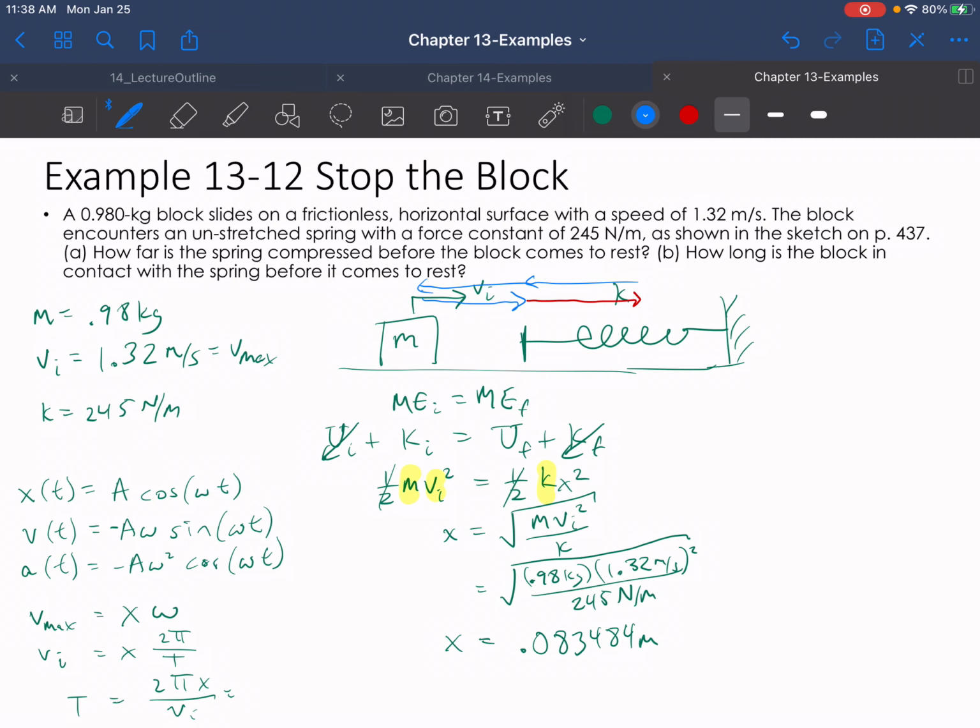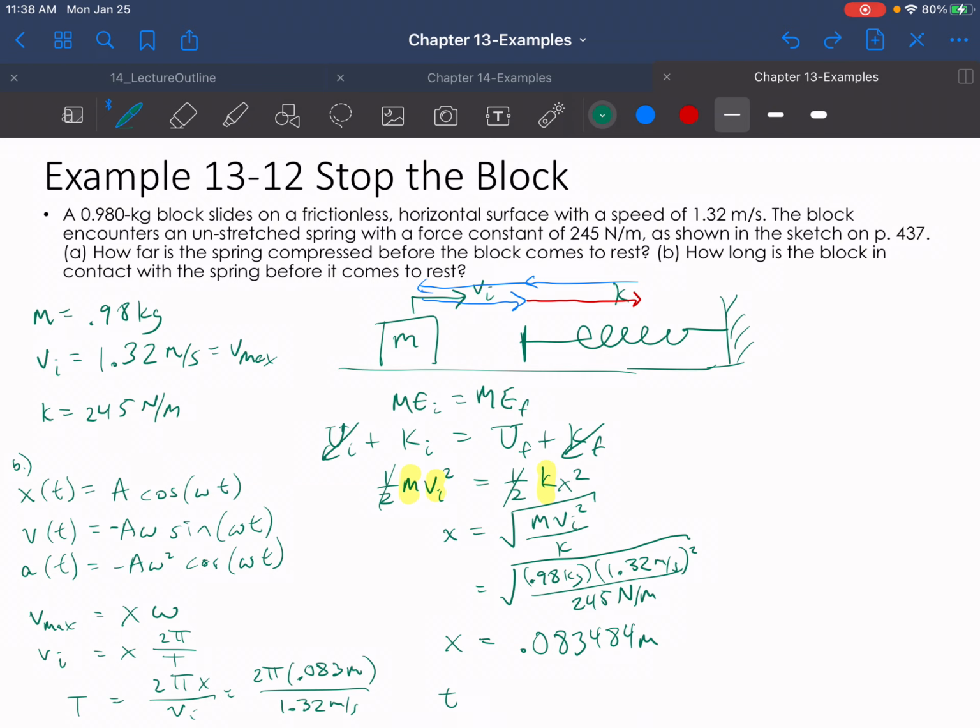So once you find this period by plugging these numbers in, 2 pi times 0.083 meters and all the other numbers there, over 1.32 meters per second, then the answer for part B, this is all for part B here, is going to be the time to compress, or time to come to a stop.